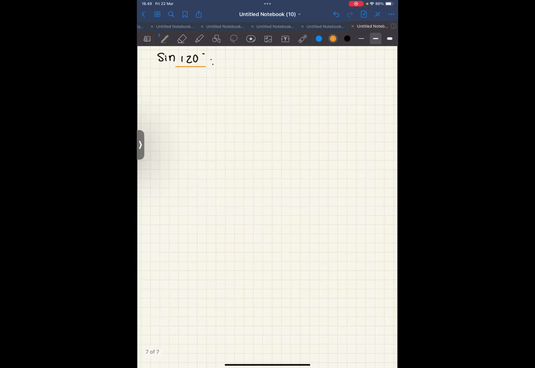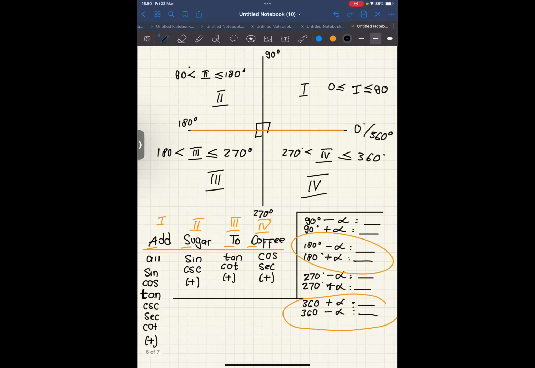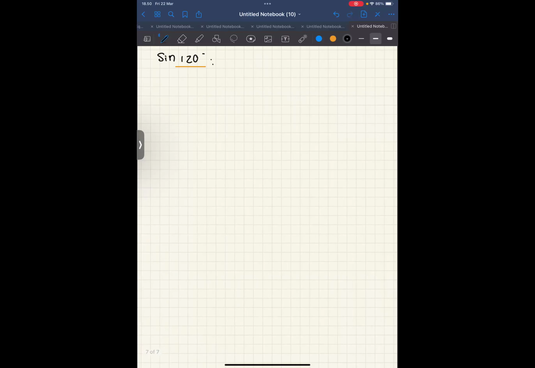So for example, we are looking for sine 120 degrees. We're going to use either 180 or 360. We're going to choose the closer one, 180, minus a number that results in 120. So this one is going to be minus, minus 60. So the number we're looking for is 60 degrees.